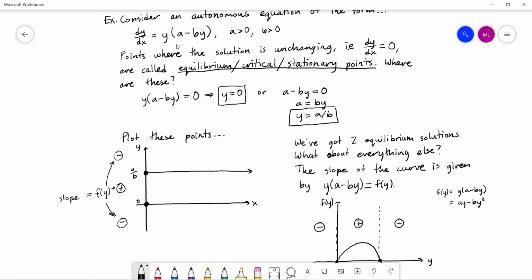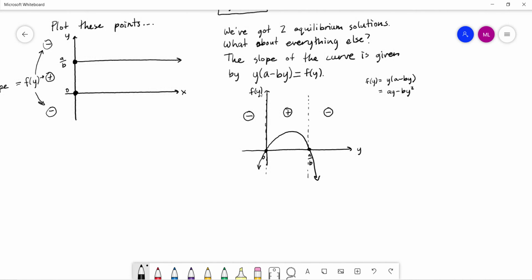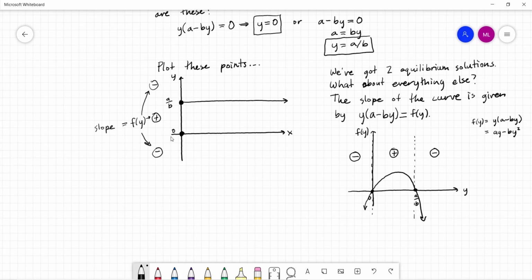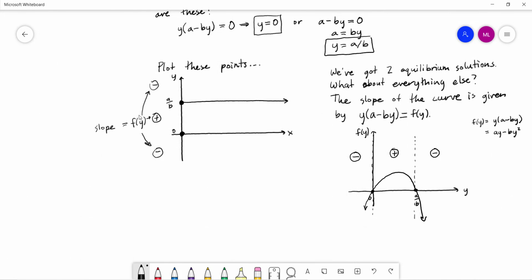By graphing this by itself as a function of y, f of y, I know where the slope is going to be positive, or my f of y rather is going to be positive, and where it's going to be negative. And over here I'm translating it and remembering, oh, by the way, that f of y that we just graphed over here represents the slope in the picture of the actual solution that we're trying to find.